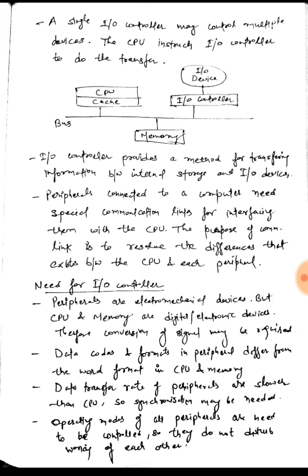Let's say we have connected more than 2 or 3 input output devices at the same time to the computer. Then this input output controller will control their communication with the CPU, and it will resolve any differences, or if more than 2 input output devices are trying to communicate at the same time.